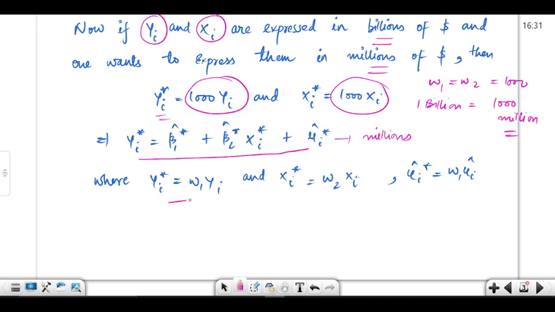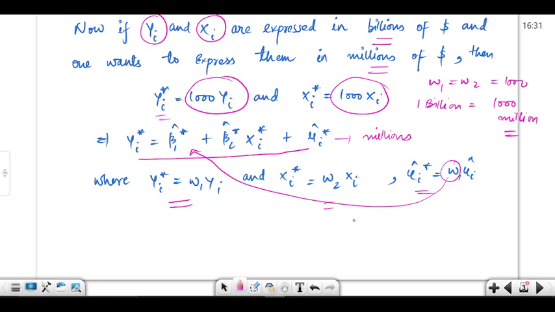So yi star is equal to w1 yi, xi star is equal to w2 xi, and ui hat star is equal to w1 ui hat. It is related to your yi star, so basically it is the error in the actual yi value.